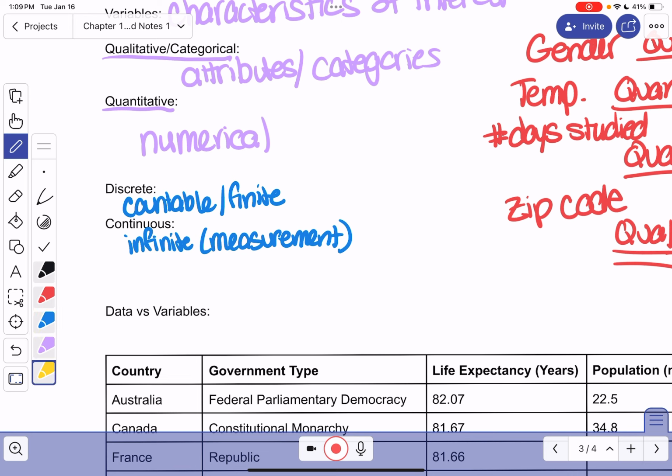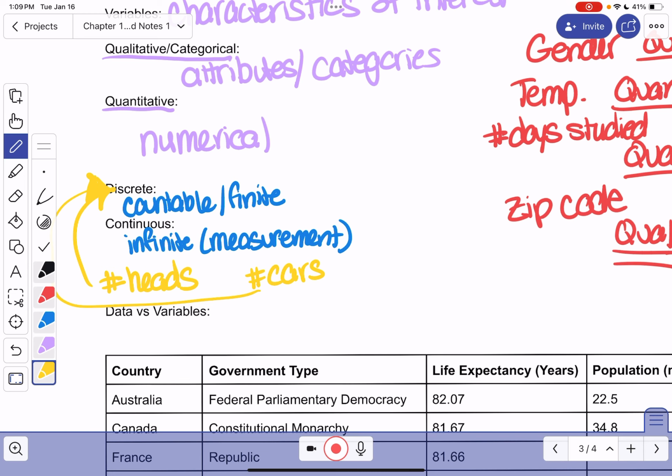So let's look at some of those. If I'm flipping a coin and I count the number of heads, that's going to be discrete. You can't get half a head. It's either heads or tails. Or maybe you're crazy lucky and it lands on the side, but it's still not half a head. It's not heads. Number of cars in the parking lot. That's discrete. If you have a car that's cut in half, you're not going to call that a car.